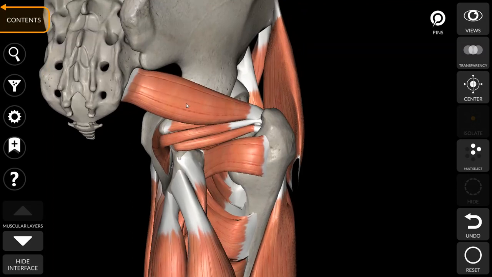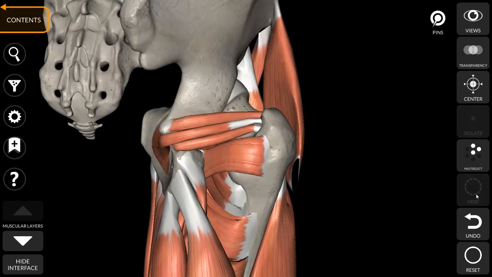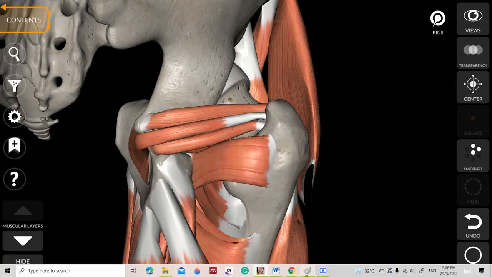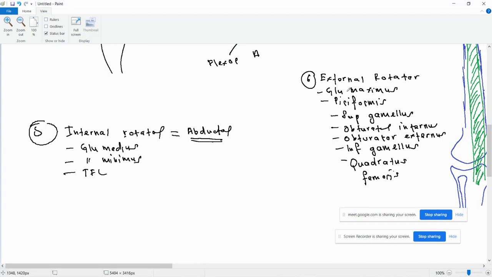If I remove this piriformis, the second muscle will be this muscle, known as the superior gemellus. That's why I arrange it this way. First gluteus maximus, the superficial muscle. If you remove this gluteus maximus, you can see piriformis. Below piriformis, you have superior gemellus.